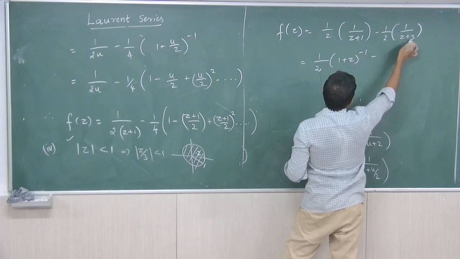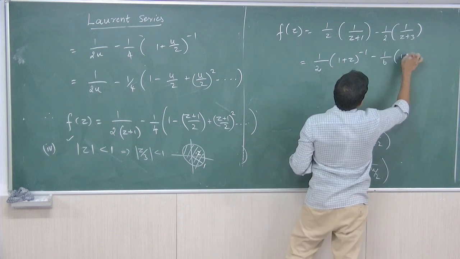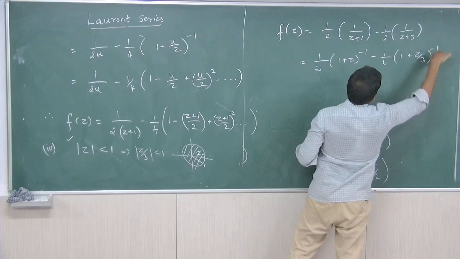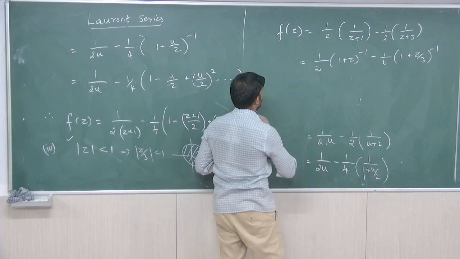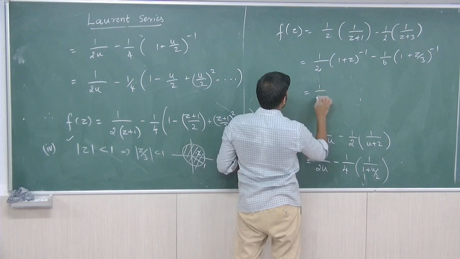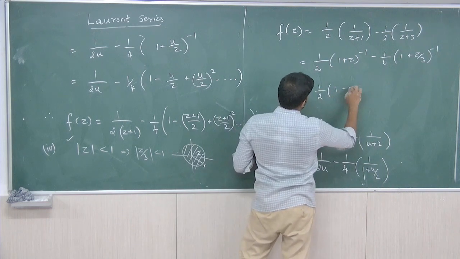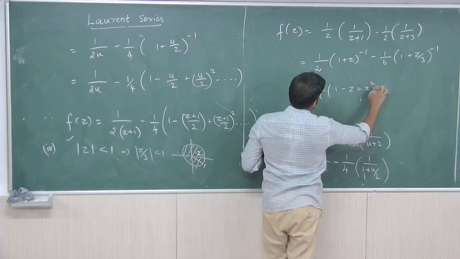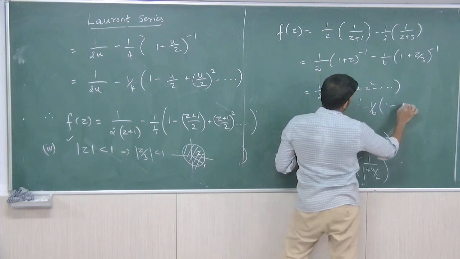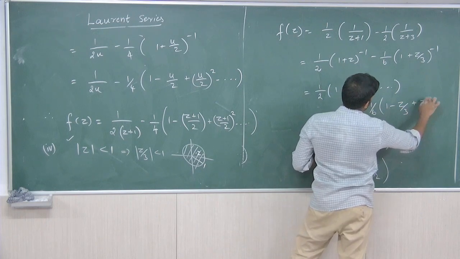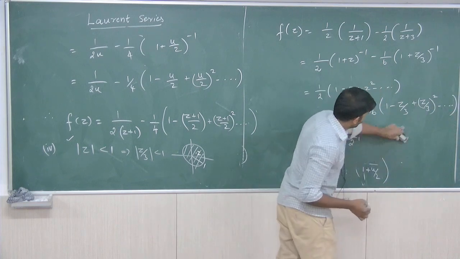I am going to take 3 as a common term in the second factor: 1 by 6 into 1 plus z by 3 whole power minus 1, which is equal to 1 by 2 into 1 minus z plus z square minus and so on, minus 1 by 6 into 1 minus z by 3 plus z by 3 whole square minus and so on. So this is the answer.